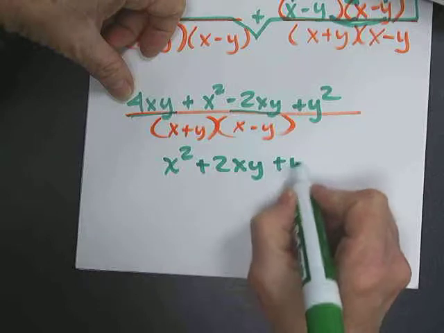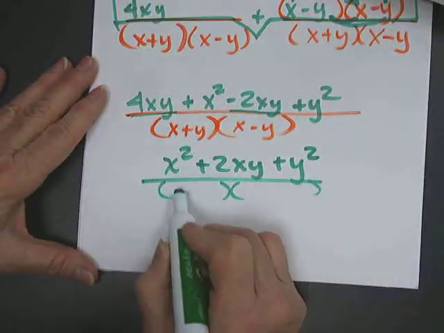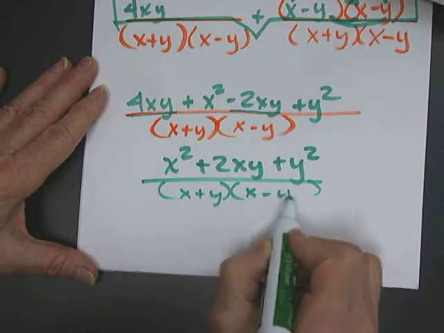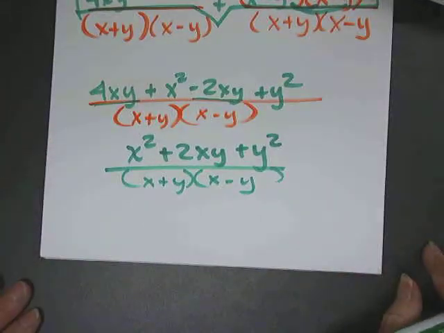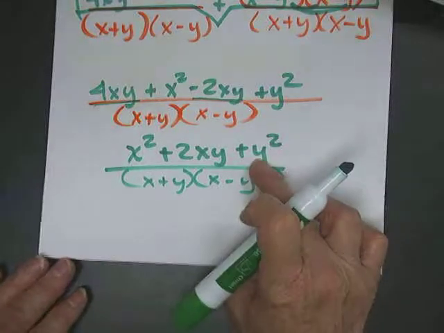Plus anything combined on top, the xy's combined, but let's put these in descending order of x's or y's. Might as well do x's.